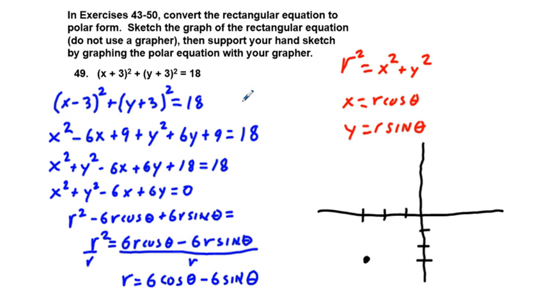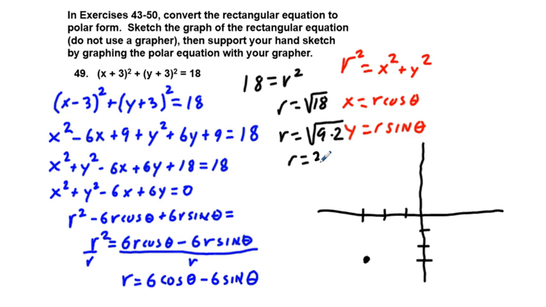And then 18 is going to be equal to r squared. So r is going to be equal to square root of 18, which is the square root of 9 times 2. Taking out that 9, r is equal to 3 square root of 2.